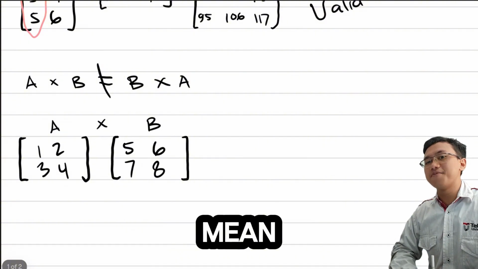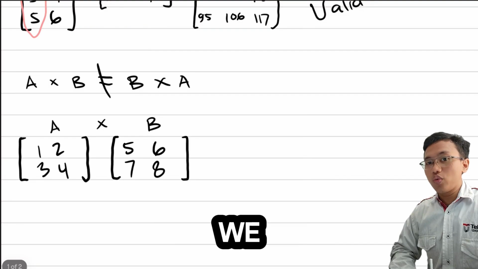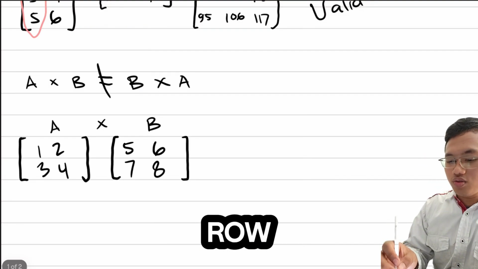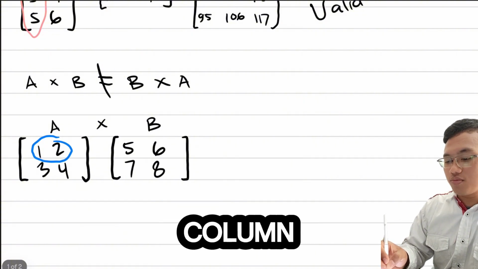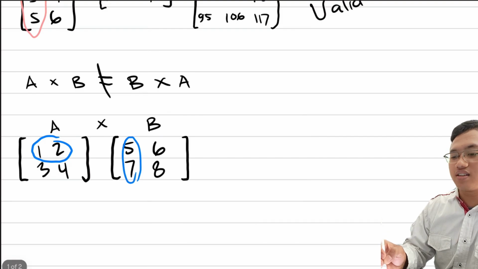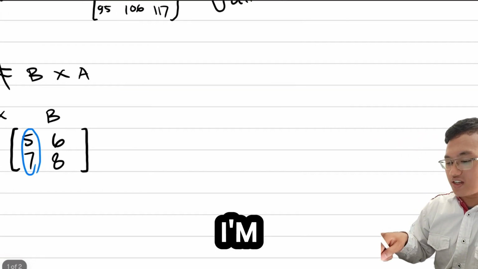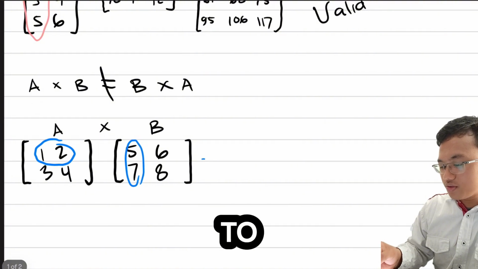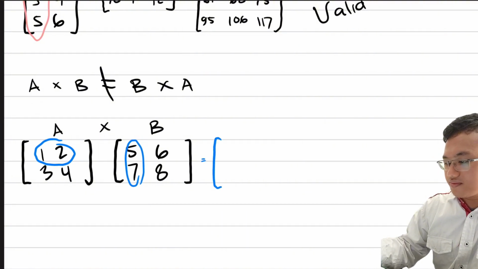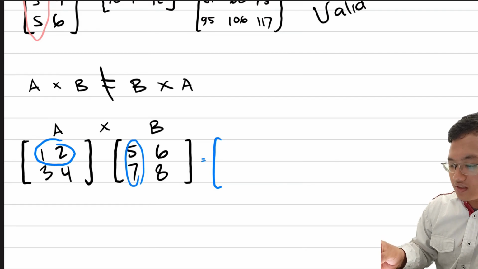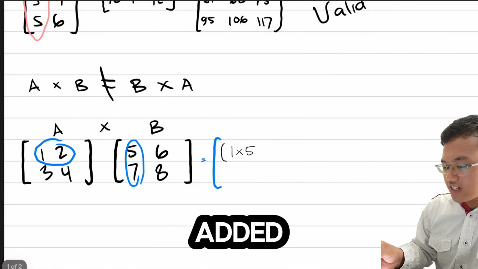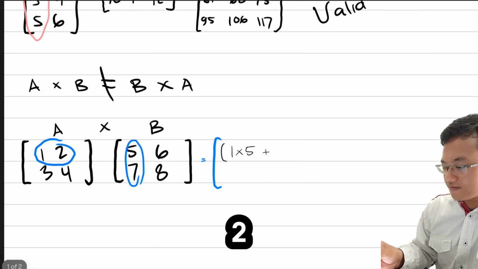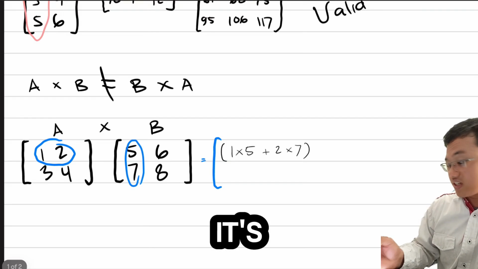The first element is the first row of A multiplied by the first column of matrix B. So it is 1 times 5 added by 2 times 7. That's the first element.